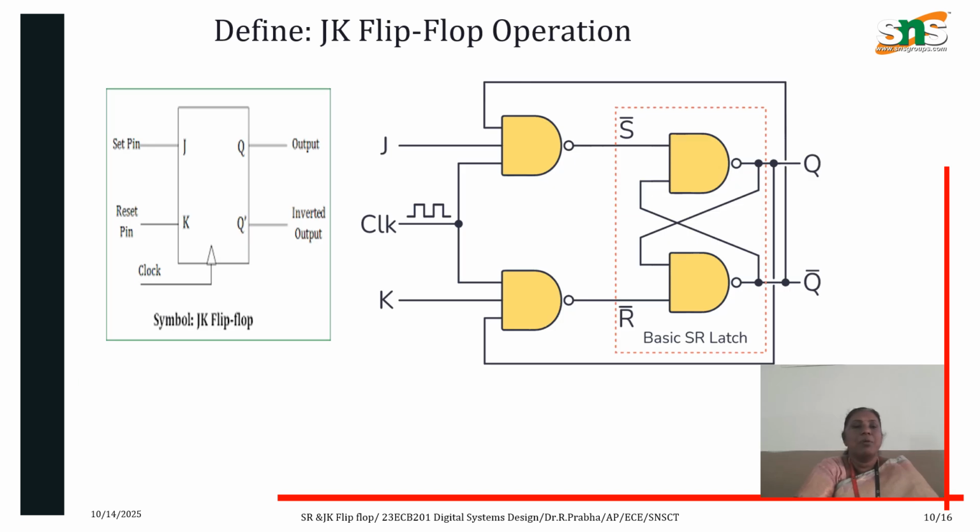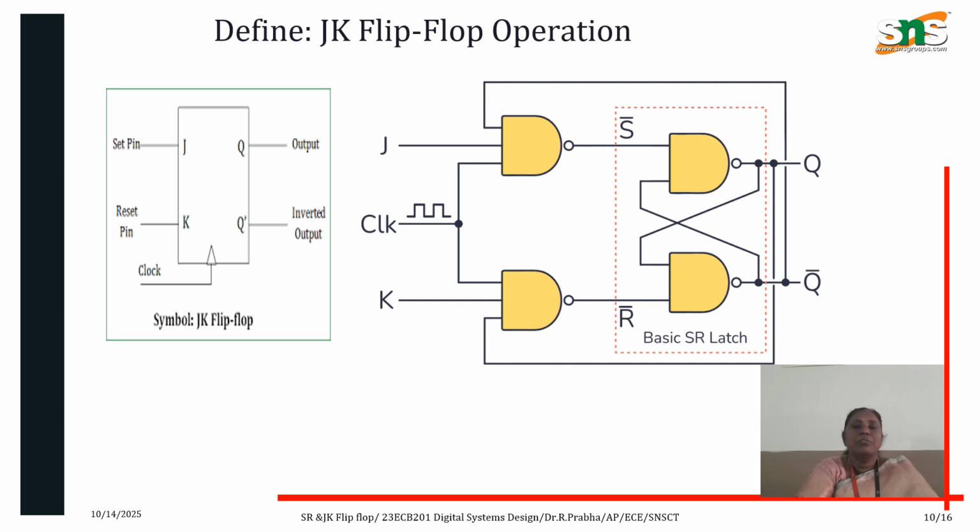In the JK flip-flop operation, the Q bar is connected to J and Q is connected to K. This gives the sustained operation. It eliminates the drawback of SR flip-flop when both inputs are 0 and it goes to an invalid state.